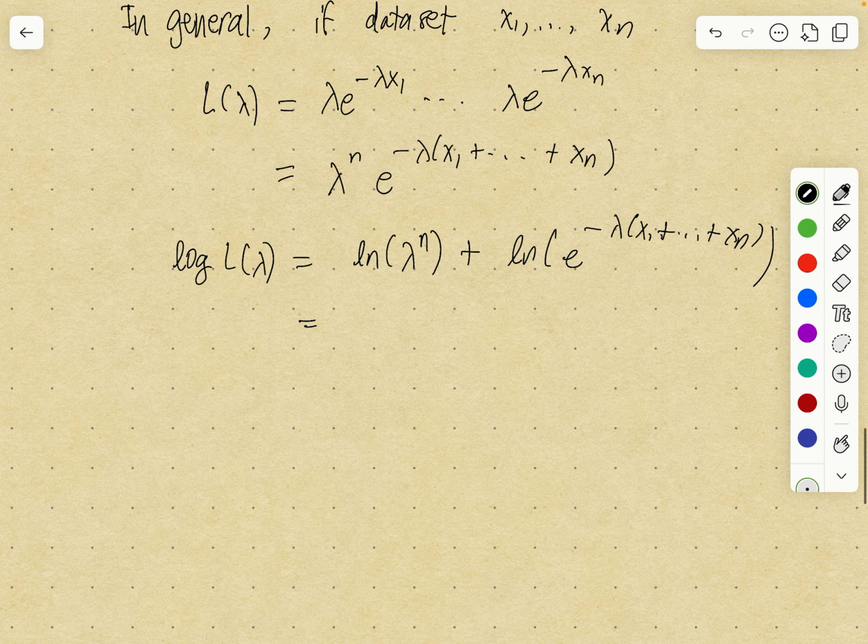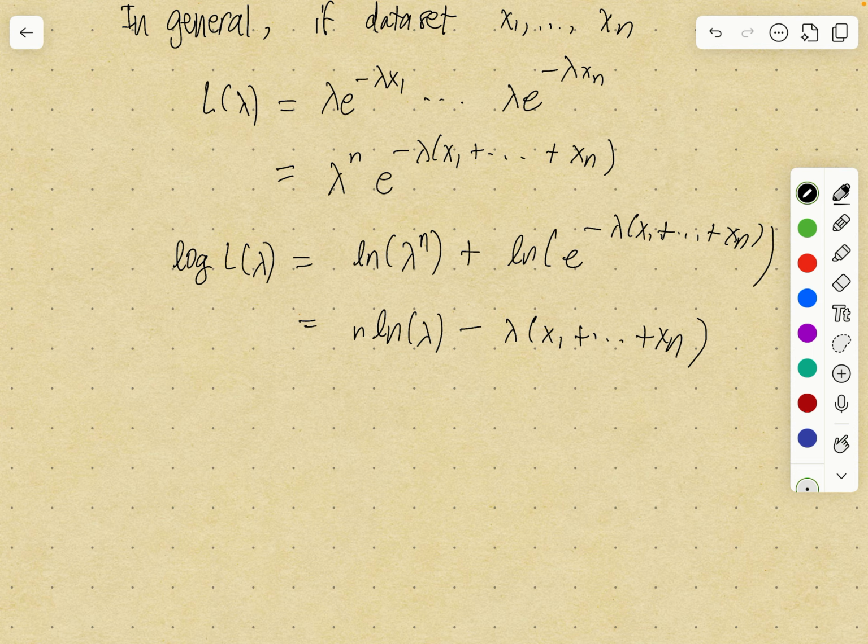And this ln of lambda to the n is equal to n times natural log of lambda, right? And then the other term is just going to be minus lambda times the sum from x1 to xn.